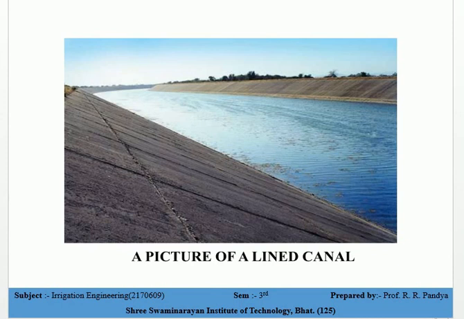A productive canal is one which yields a net revenue to the nation when fully developed, to cover its running cost and the cost of construction. After the construction of this type of canal, we can earn revenue which can be used to recover the construction cost. So it is considered a productive canal.